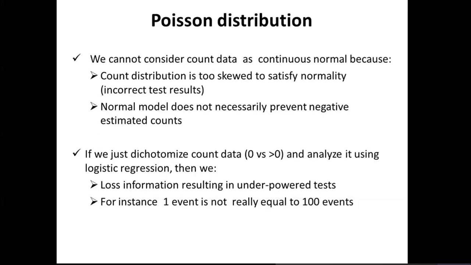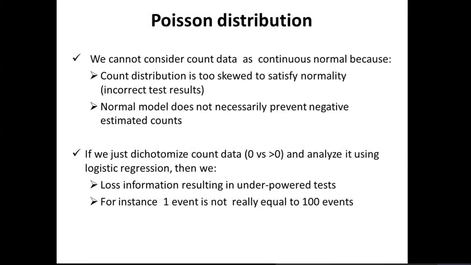That's one limitation. So here the summary is, if you have count data, don't simply approximate it as a Gaussian distribution or consider it as normal. In that case, you should not use linear regression, for example, or ANOVA, because if it is skewed, we cannot apply these statistical methods.